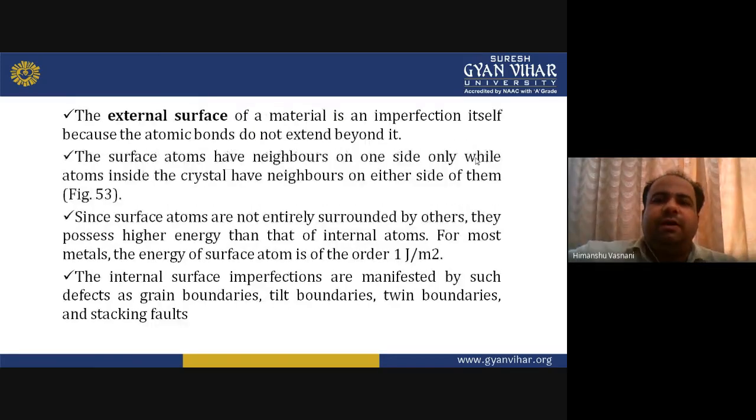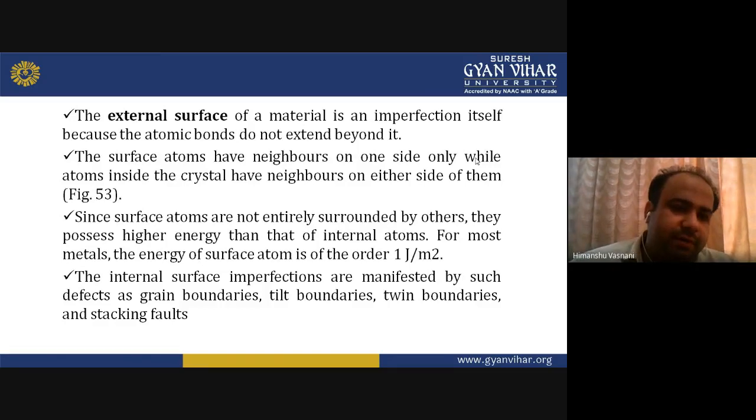The external surface of a material is an imperfection itself because the atomic bonds do not extend beyond it. The surface atoms have neighbors on one side, while atoms inside a crystal have neighbors on either side of them.